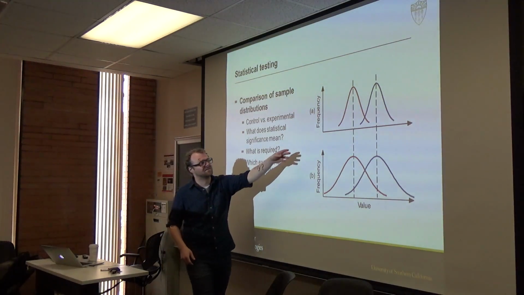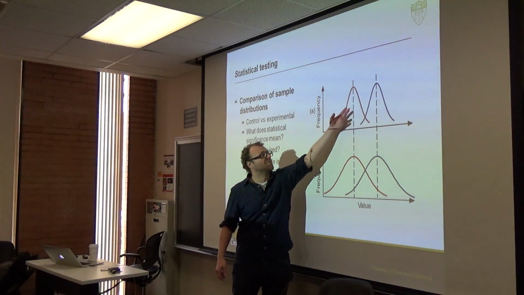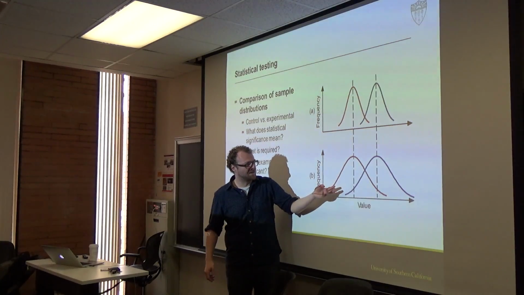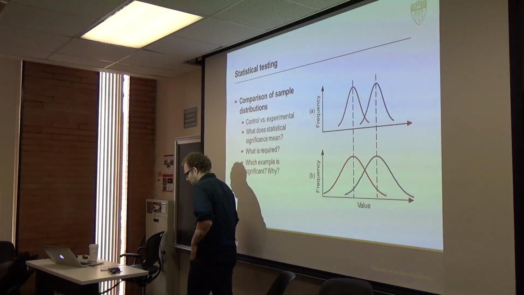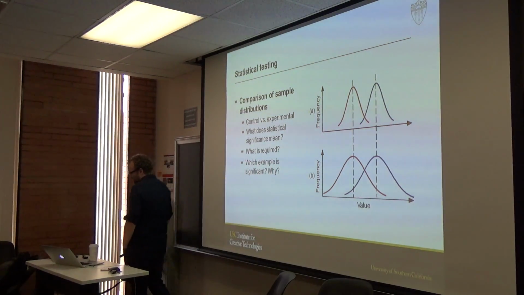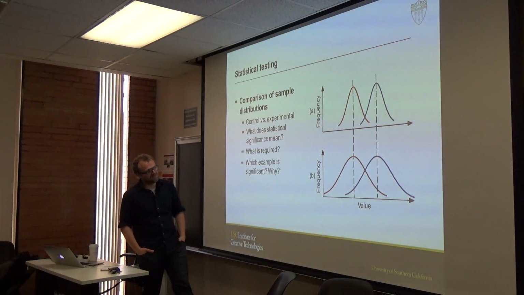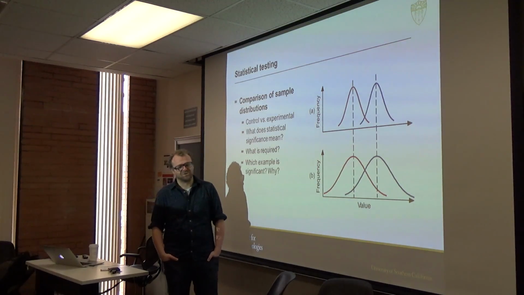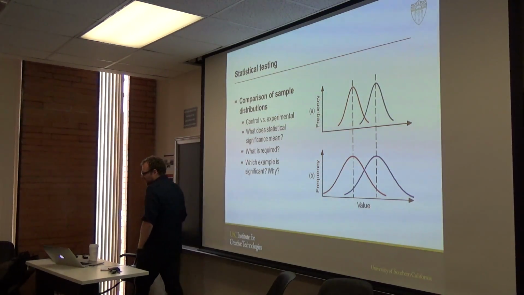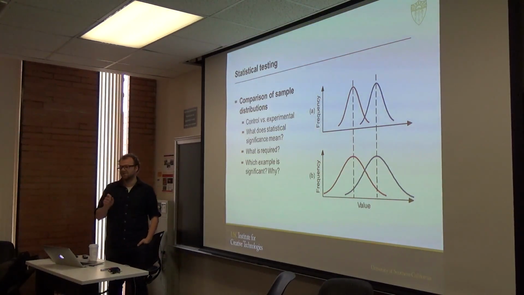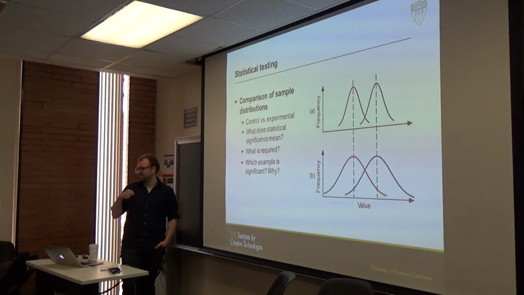This one, if this is an error measure, would be better than this one. The same here. Red is better than blue. But the problem is that there is obviously something different between the two, and it's not enough to just measure the distance between the mean values of certain observations.